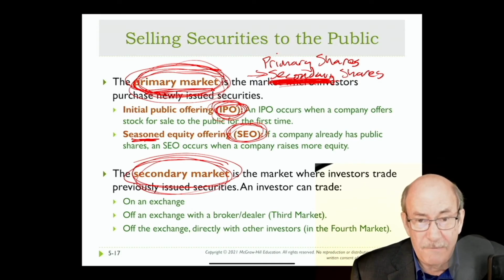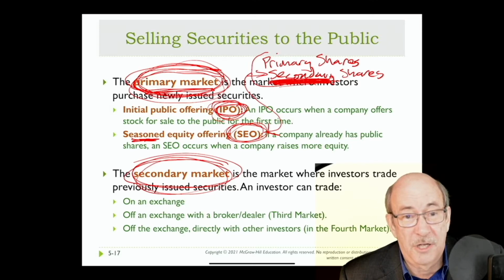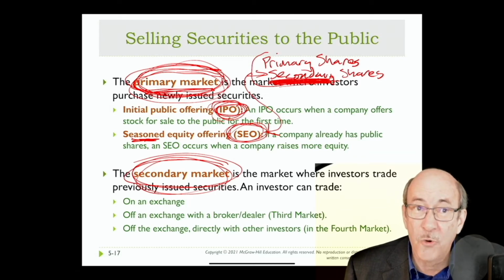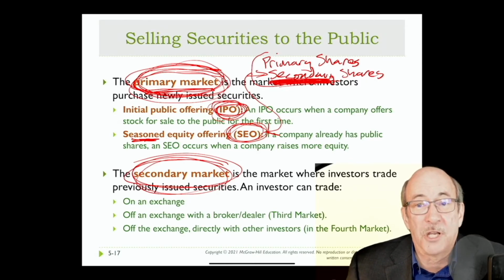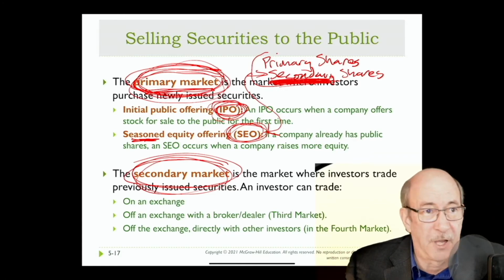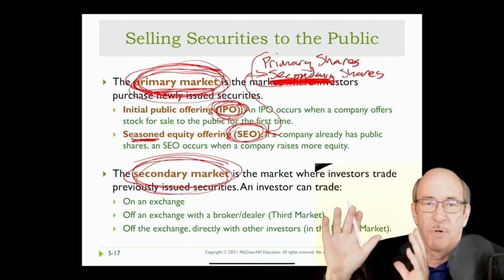Seasoned equity offerings can also include both primary and secondary shares. And some seasoned equity offerings are actually entirely secondary shares. So in other words, no cash goes to the company, even though they are engaging in what's called a seasoned equity offering. This is typically a very large block holder, and it could be a founder who, once the company is out there trading, says, hey, I want to get rid of this big block.